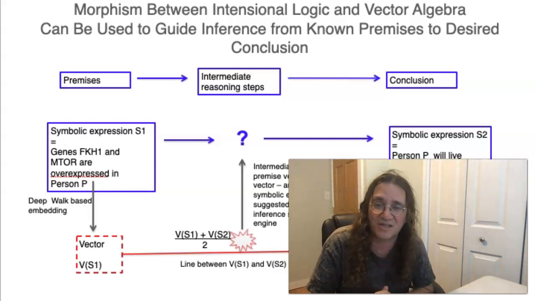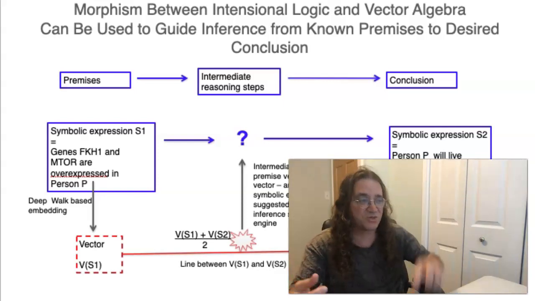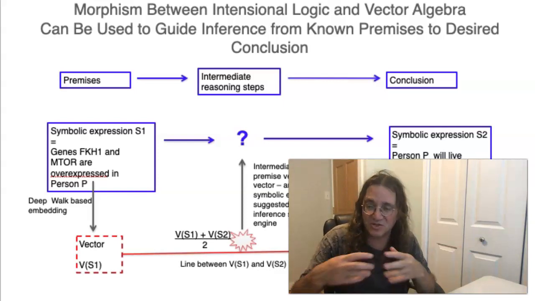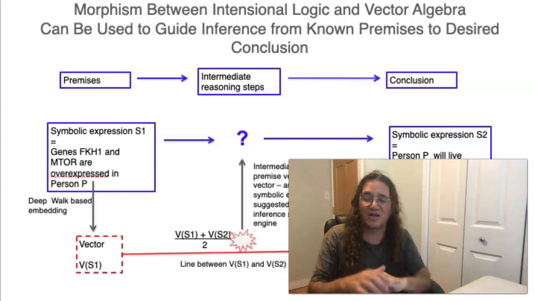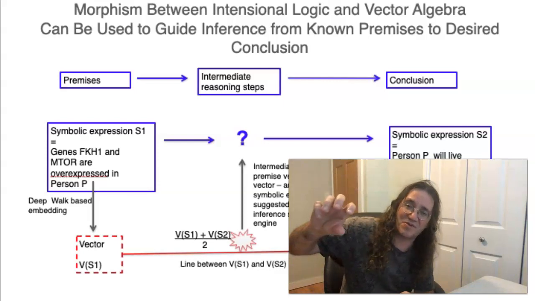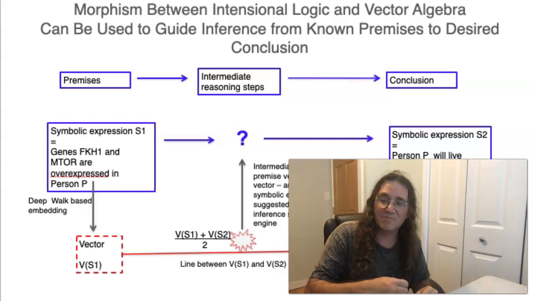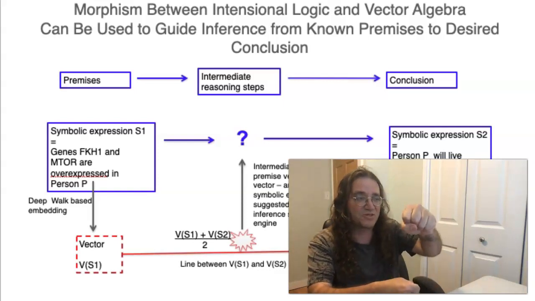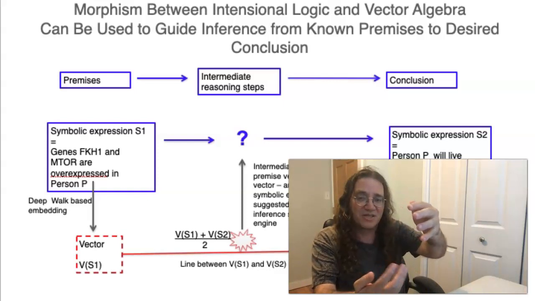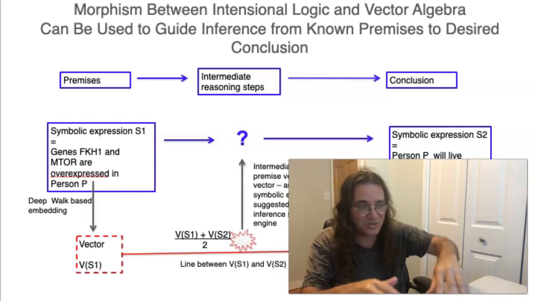Or if you're doing a clinical trial analysis, trying to figure out why some people are cured of COVID by a certain drug and others aren't, you feed in information about all the patients and their genomics, and then all this general knowledge about genomics and genes and pathways and bodies. You get an embedding vector for each person from the atom space, and then you do the supervised classification problem of people who this drug helped with their COVID and people who this drug didn't help. You do that classification problem on the embedding vectors that were gotten by embedding the nodes corresponding to those people in the atom space into a vector space.